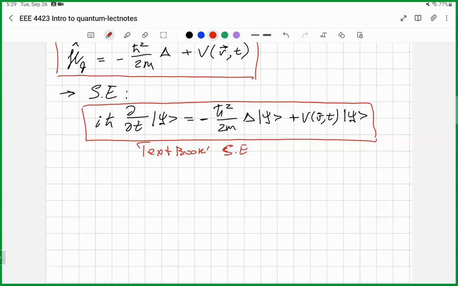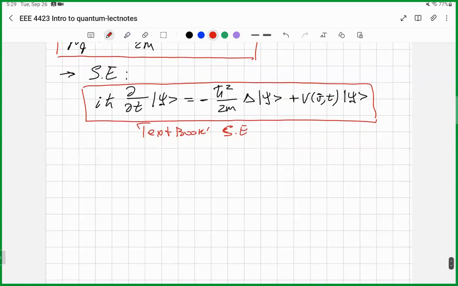All right, so in this form, this equation is kind of difficult to solve, and we're going to consider one example which is of particular importance.